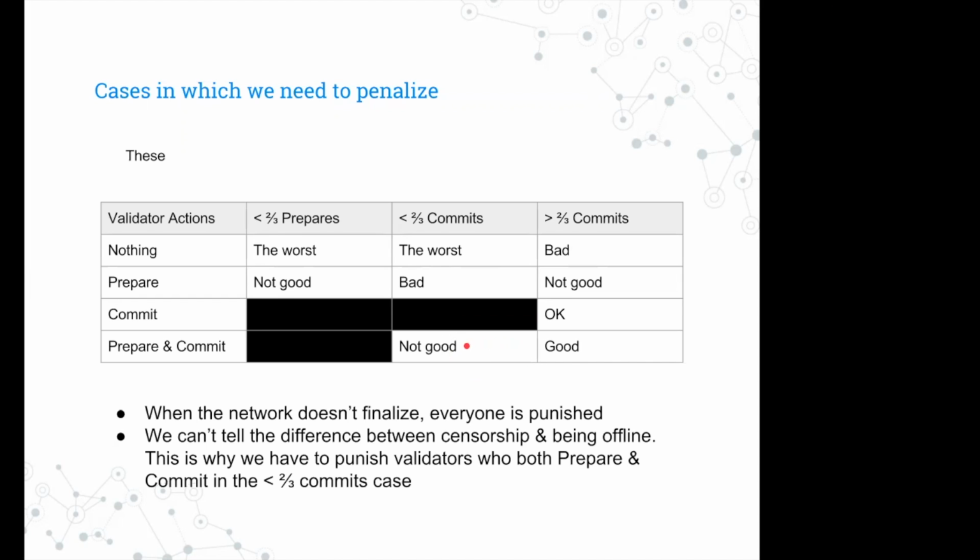So third column, fifth row. Yeah, that one. So what's my incentive in doing that, prepare and commit, versus just committing every time, given that if there's less than 2/3 commits, I can be punished, and the other one I can't because I just can't commit with less than 2/3 commits?